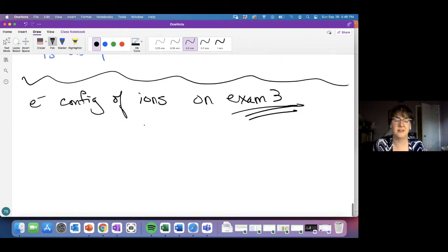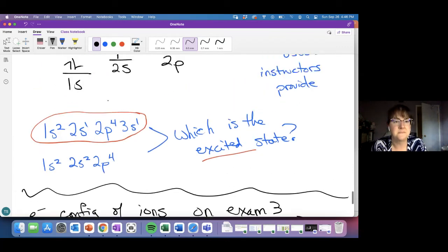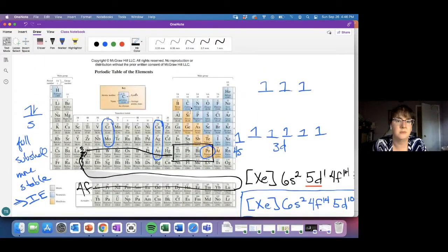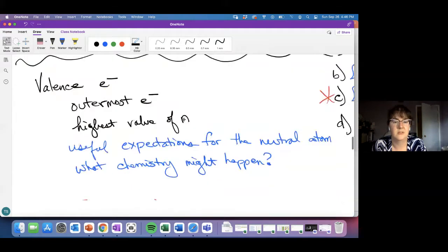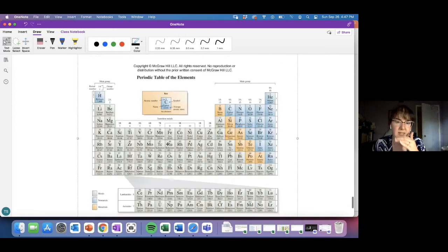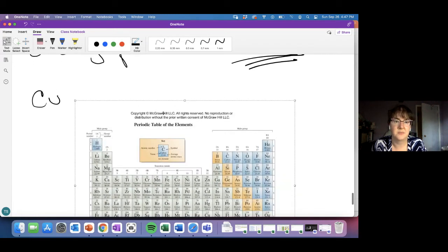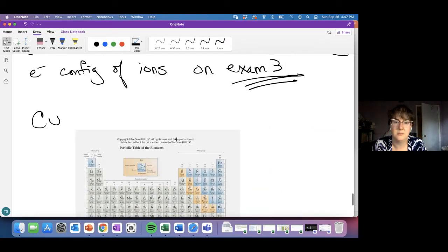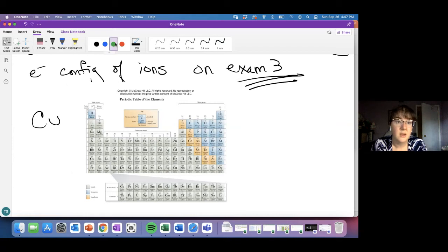But since I avoided a different question, I will go ahead and answer this one. So when you're looking at copper, here's my periodic table. This is the kind of question that we could do on exam 3. But since it does talk about exceptions, we'll talk about this part at least.